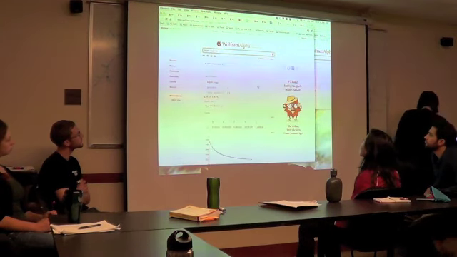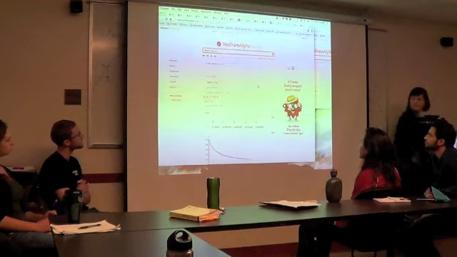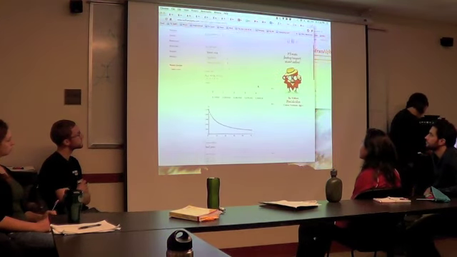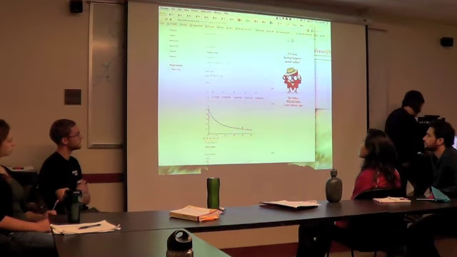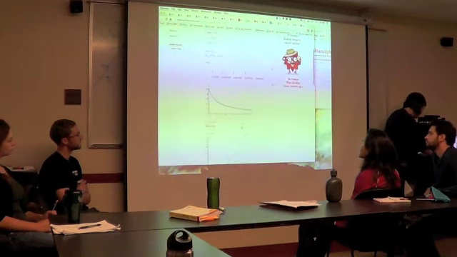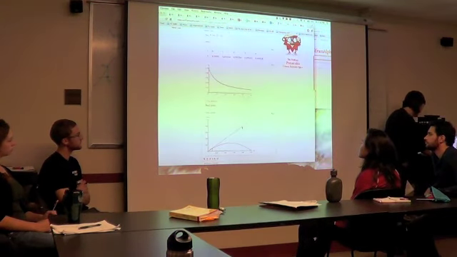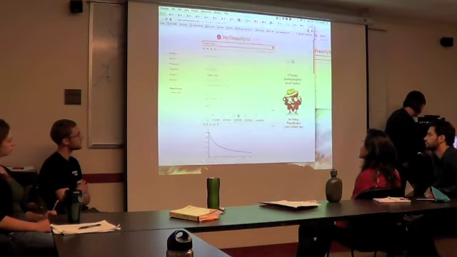Okay. So if we look at our system here, we see this decay towards this equilibrium, towards this fixed point. And if we want to look at our cobweb diagram, there's really not much to see here.